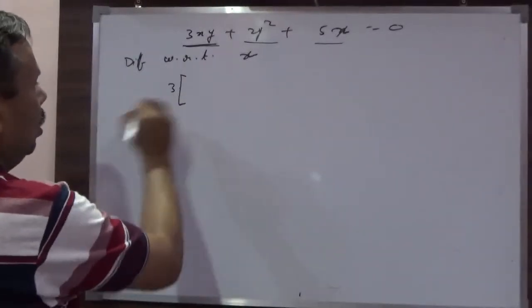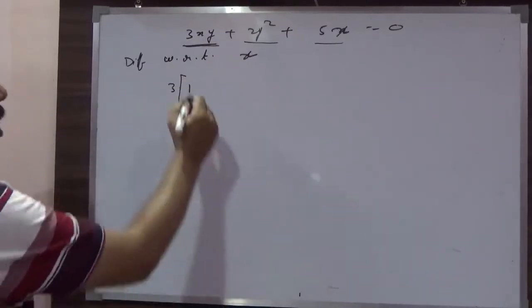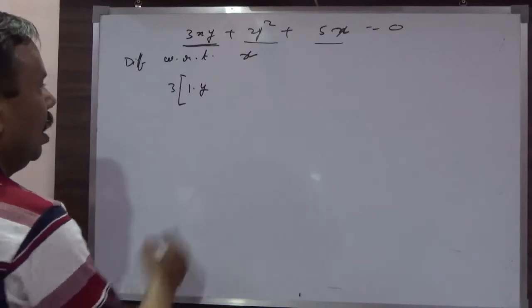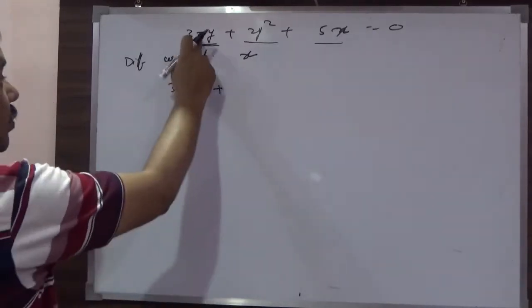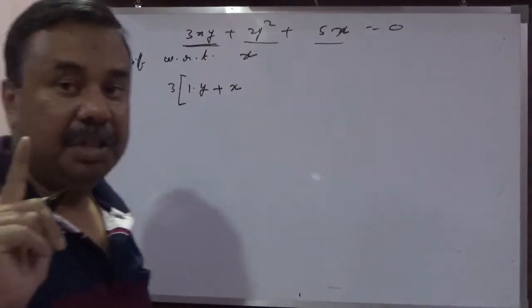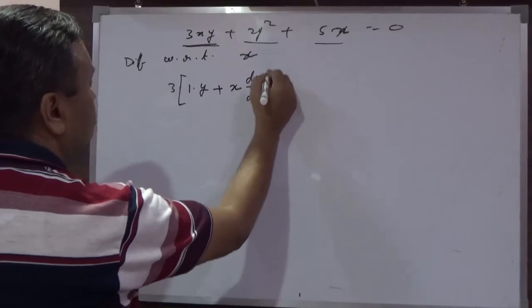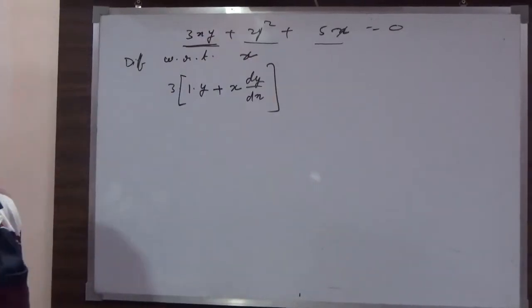So this will be 3. First I will differentiate x, that will become 1 multiplied by y, plus x will be taken and y will be differentiated, and differentiation of y will be just dy by dx.